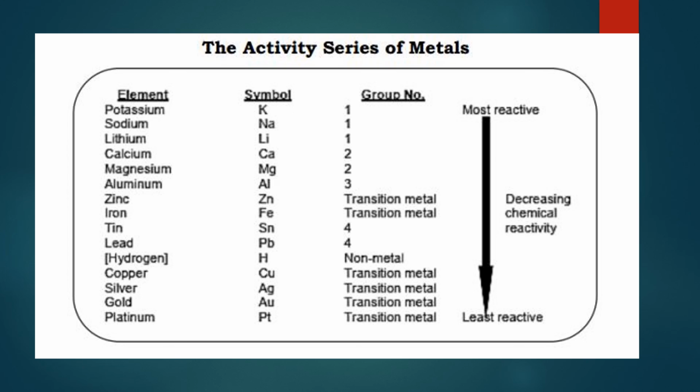So you have to know this series of metals, or reactivity of metals, because it will help you, as I've mentioned already, to know if a certain metal or a certain element combined with another element can form a compound.